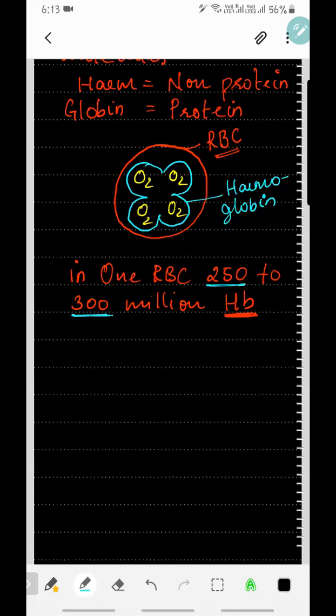Don't misunderstand. One HB carries 4 oxygen molecules. That should have been written as 4 O2.